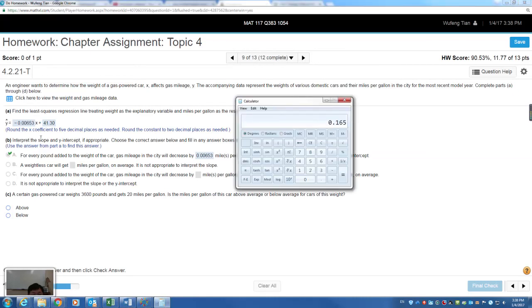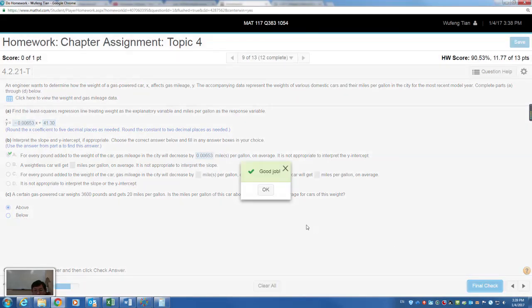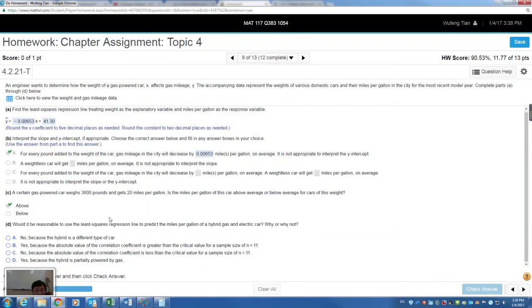So basically plug 3,600 into the model. 0.00653 multiplied by 3600, negative, plus 41.3 equals. So this is the average. And now your value is 20. 20 is above this average. So it's above.